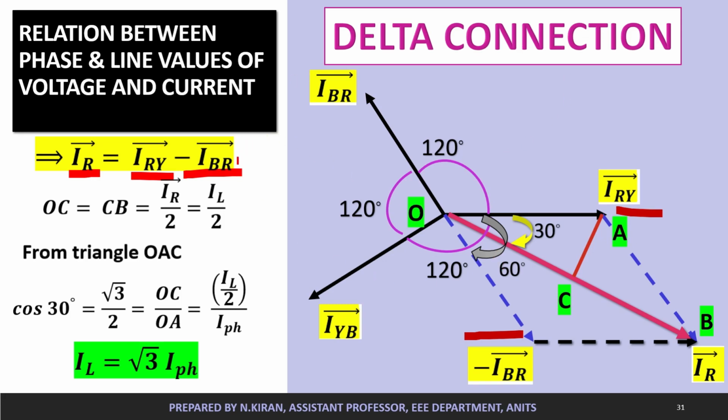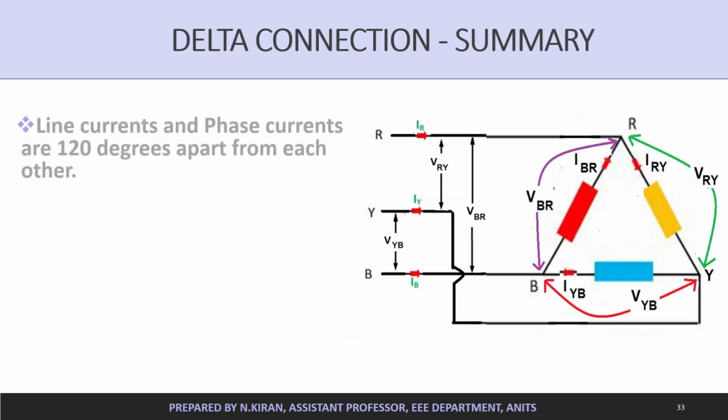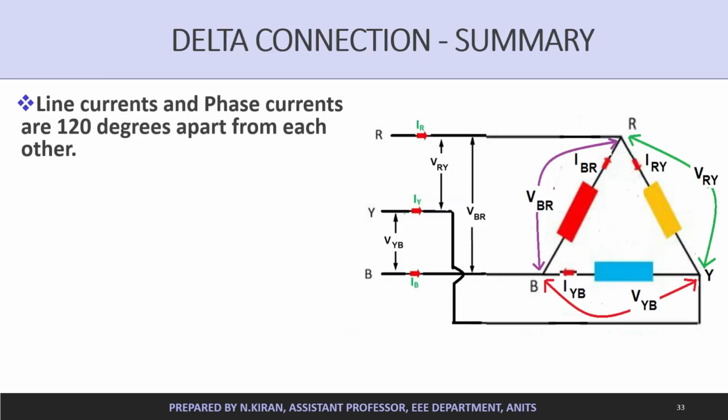This phasor diagram was obtained by considering only one equation. When I consider the remaining two equations, I will get the complete phasor diagram for delta connection. From this analysis of delta connection, I can conclude that the line currents as well as the phase currents are always 120 degrees apart from each other.